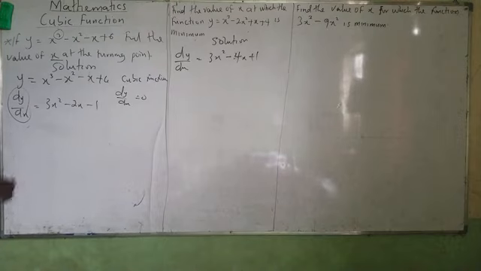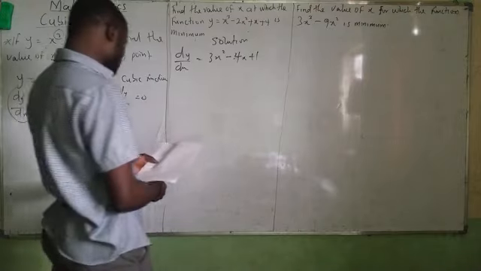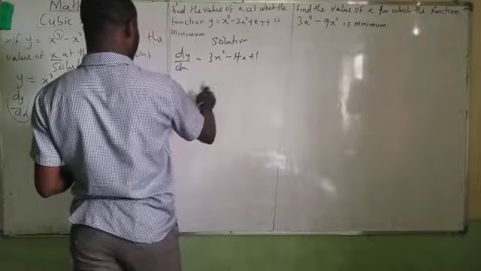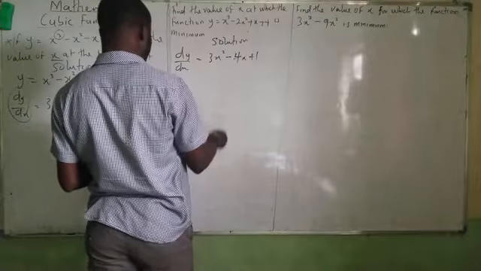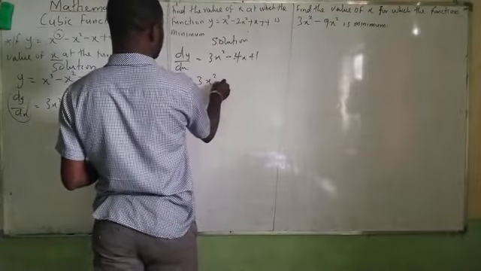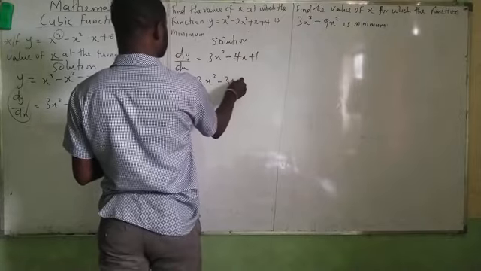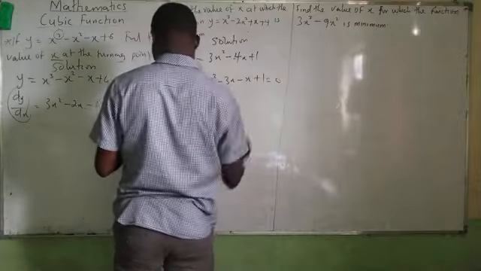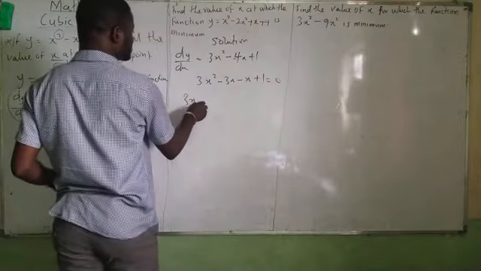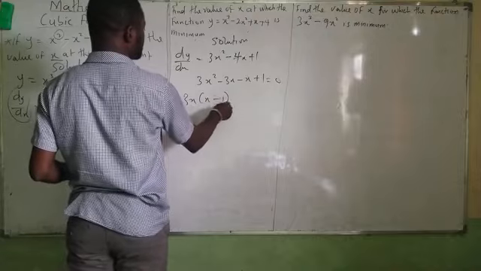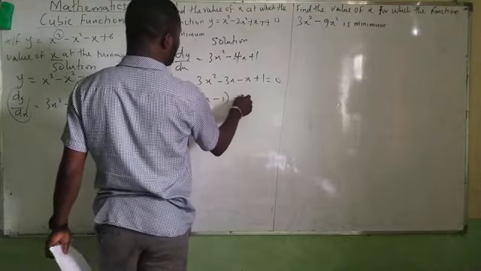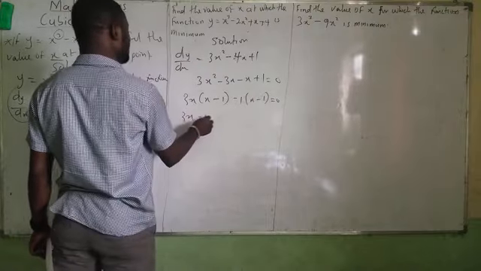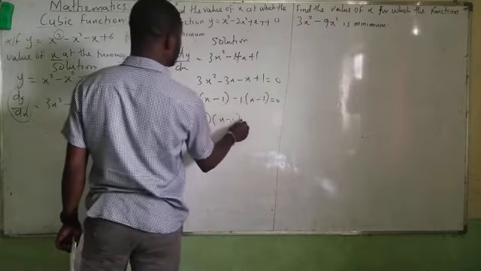Since I have this, it will be 3x squared minus 3x minus x plus 1, which equals 0. So I'll have 3x bracket of x minus 1, minus 1 bracket of x minus 1, equals 0. So 3x minus 1 and x minus 1 equals 0.